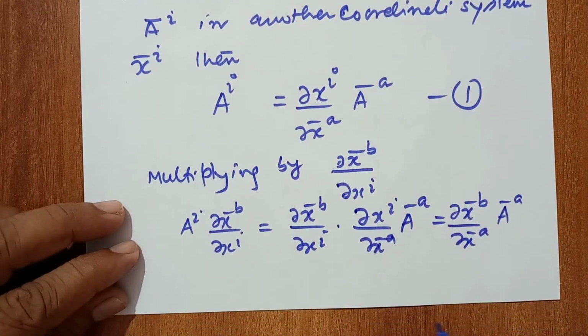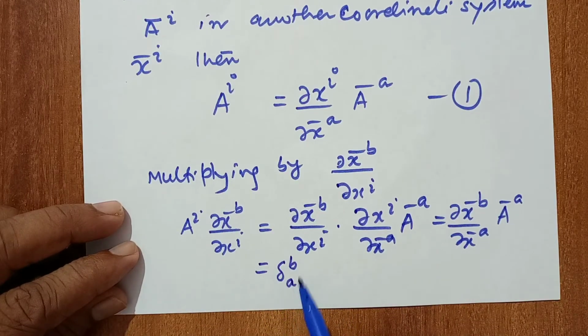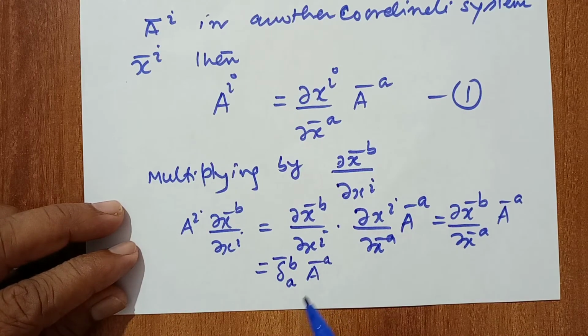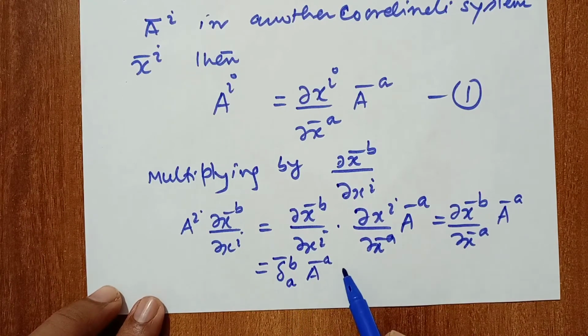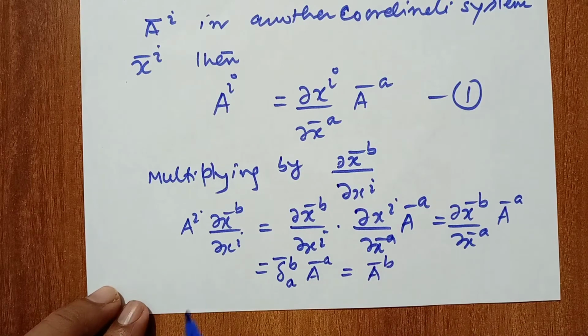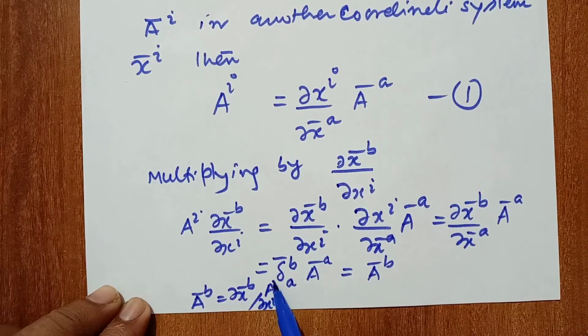By the definition of the Kronecker delta, this is δᵇₐ. When b equals a, this is 1, otherwise 0. So this is equal to āᵇ. Means āᵇ equals ∂x̄ᵇ upon ∂xⁱ aⁱ.